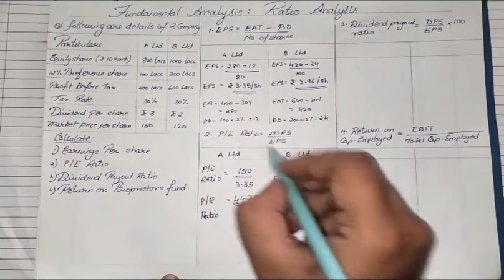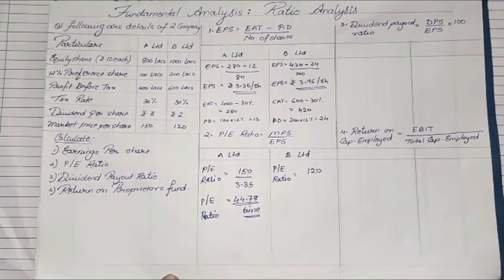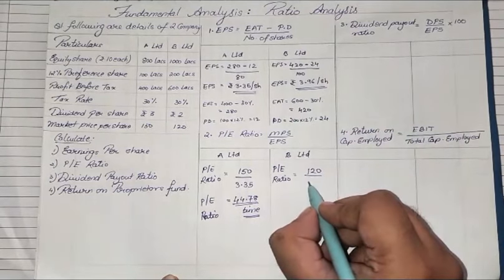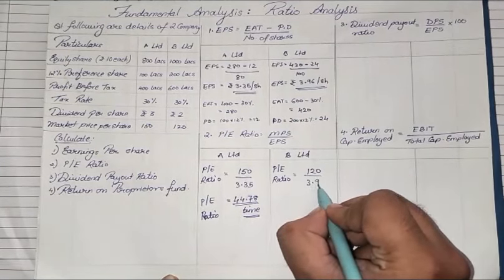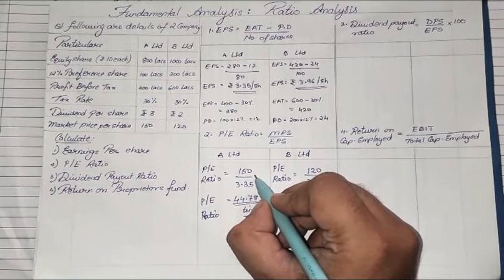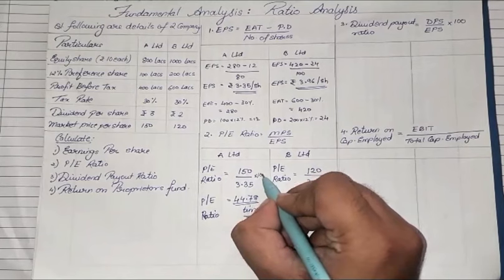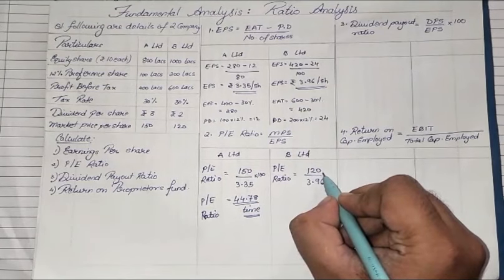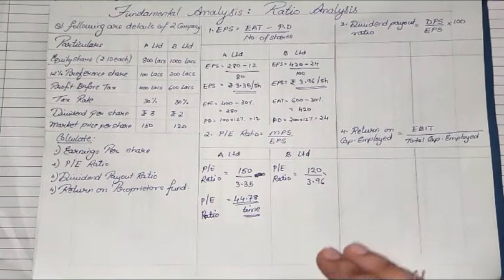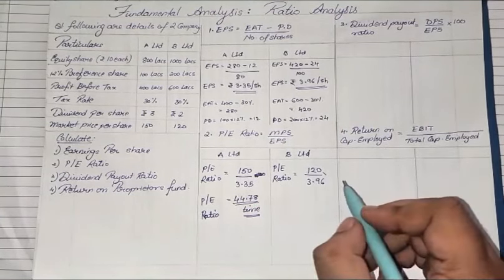Similarly for B, again PE ratio is equal to market price of the share was 120 divided by the EPS of B Limited was 3.96. Okay, one more thing which we missed out here was whether this whole thing is into 100. No, this is not 100. It's just as it is, because we already got it in times. If it is in percentage, it will be in percent form then.